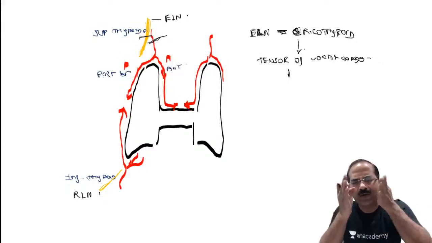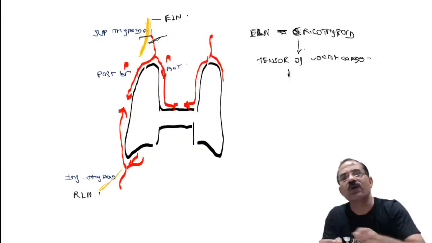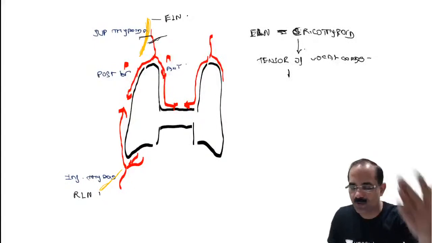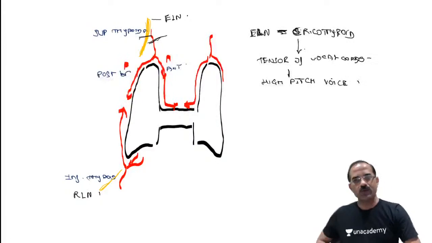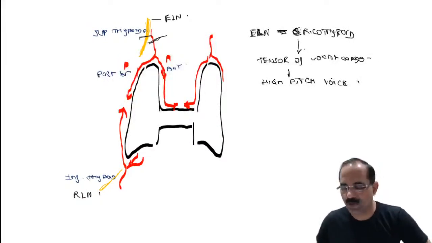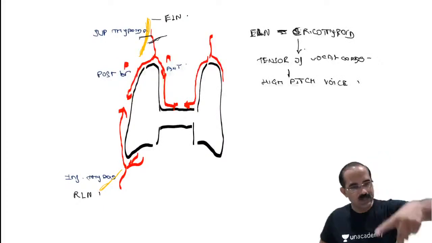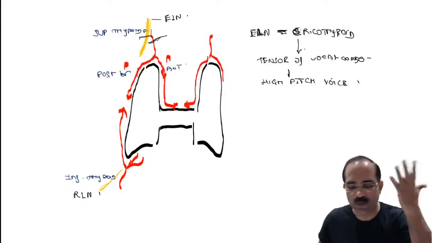And when the vocal cords are tensed, you get a very high pitched voice. Okay, this is the cricothyroid, tensor of the vocal cords.